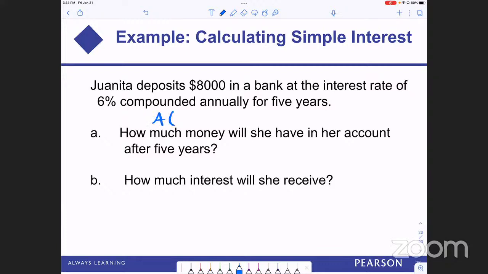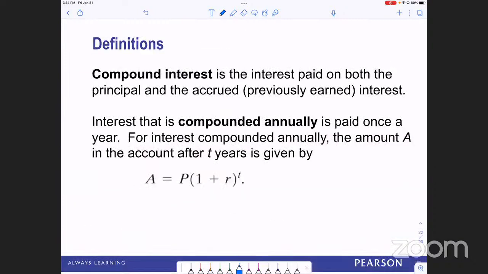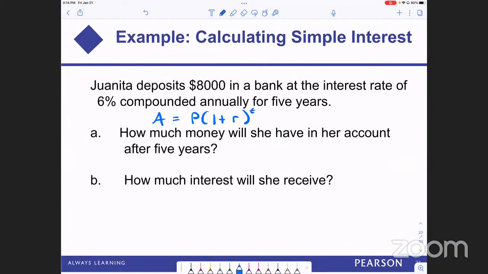The amount equals P times (1 plus R) to the power T, okay, right? Let me just make sure. P times (1 plus R) to the power T. Okay, so this is if the interest is compounded annually, like once per year. We're going to extend this a little bit further in just a moment. How much money will she have in her account after 5 years?